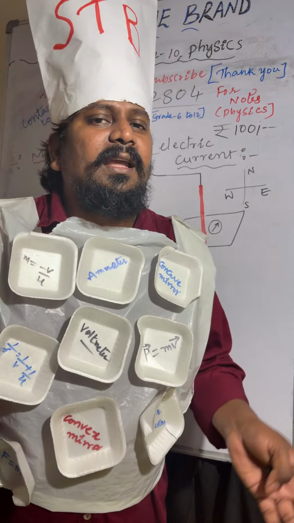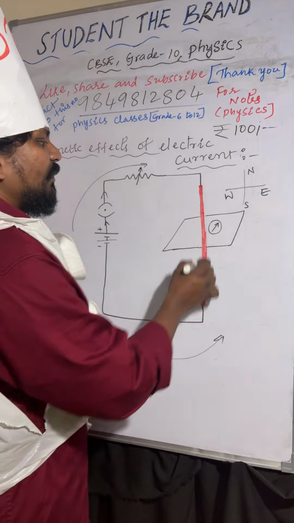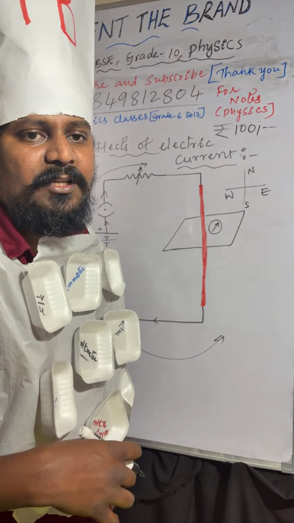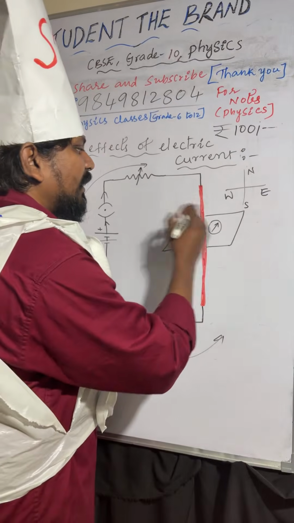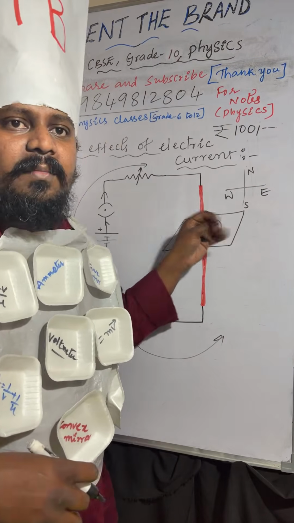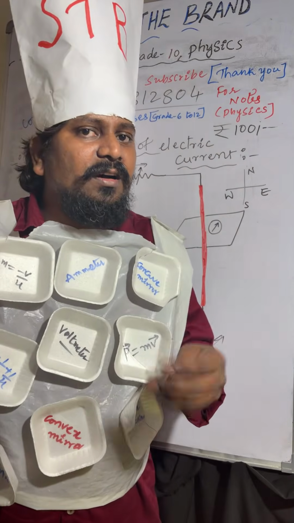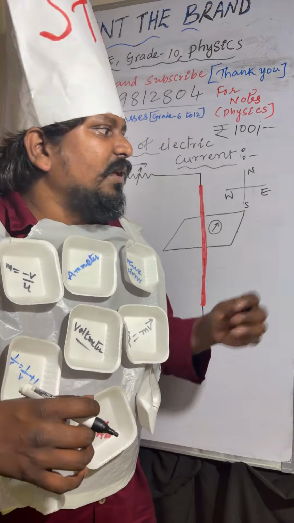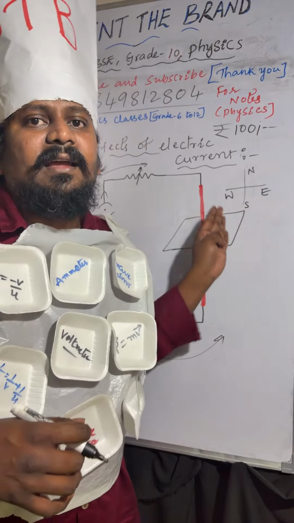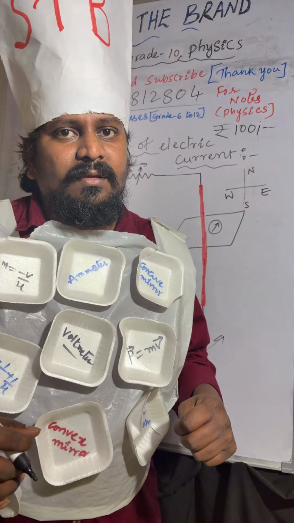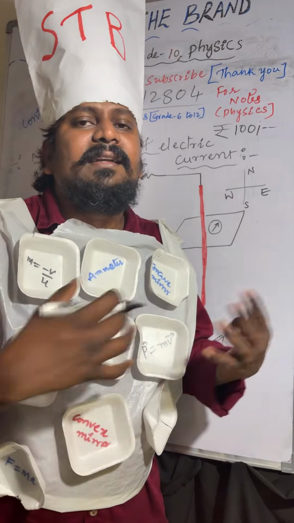And the second point is, if you place the compass near the conductor, automatically deflection will be shown. So we can understand that there is a relation between current and magnetism. Hans Christian Ørsted suddenly observed that a compass placed near a current carrying conductor got deflected, so he gave that relation.